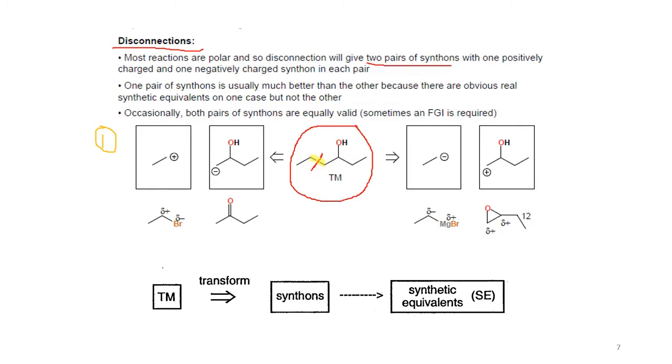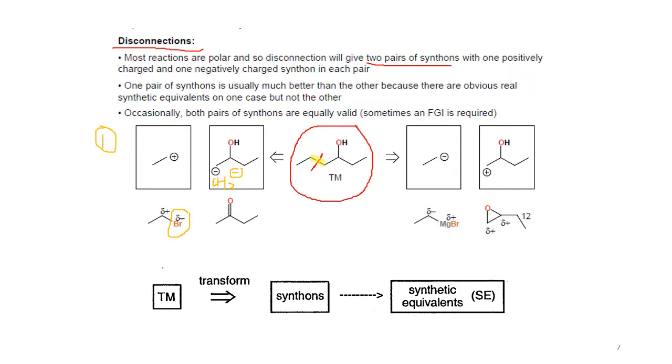So this pair, because it is plus, it needs something minus to balance it. So you add Br to it. And then this is minus. So in this case, it is actually CH2 minus.